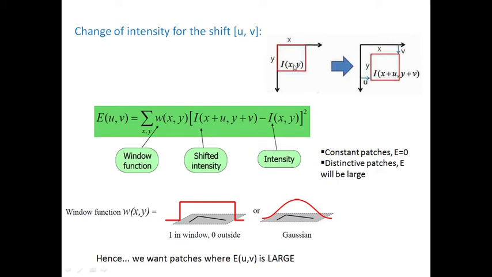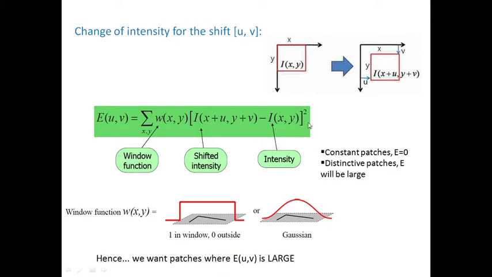Now I take the difference of these two intensities: this is the intensity of the old pixel, this is the shifted intensity, that is the intensity of the new pixel, and this is my window function w of x comma y. So E of u comma v is the change of intensity for the shift u comma v.